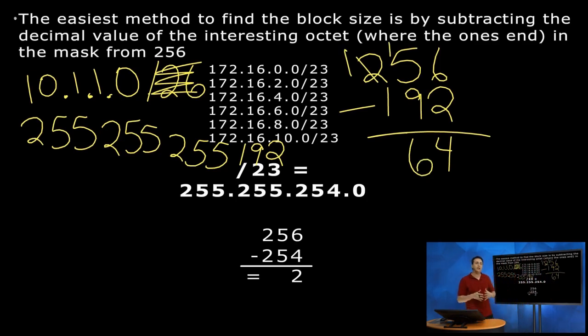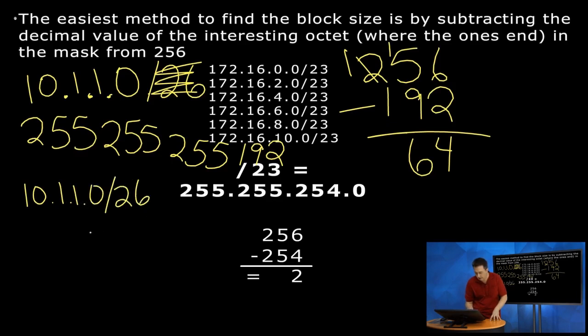So we're counting by 64 in what octet? Well, going back, we know that 255 is all ones, all ones, all ones, which means that it has to be the fourth octet in this case, because 192 is going to have some ones in it. So we're counting by 64 in the fourth octet. So if we do the math now on that, the first network is 10.1.1.0 slash 26. And then we have 64.